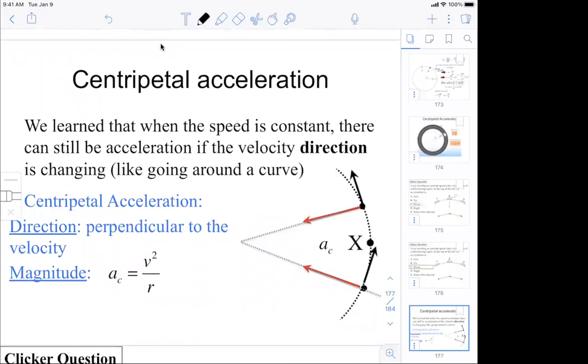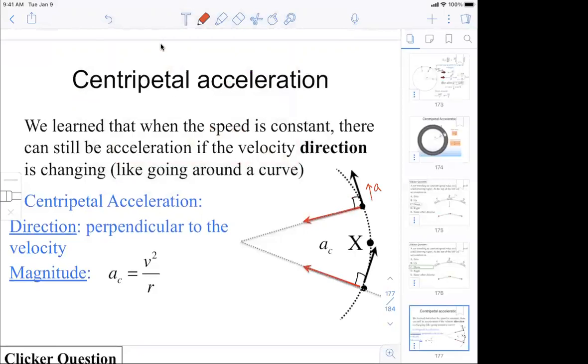Now, this is just a summary of what we talked about, the direction and magnitude of your acceleration. This acceleration, as we said, is perpendicular to your velocity and only changing the direction of your velocity. But if you do need to change the magnitude of your velocity, then you need another acceleration. If you have another acceleration that's in the same direction as your velocity, then it's going to make your velocity increase.